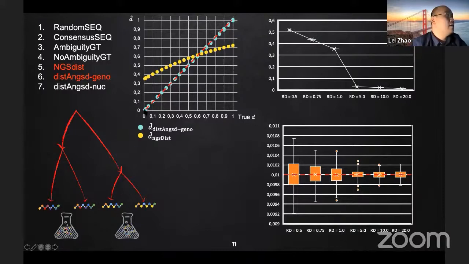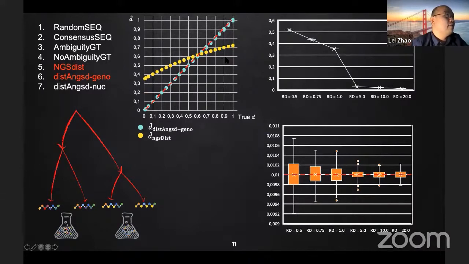One is using our base dense genome model, and the other is using the NGS-based model. And the yellow line here is the NGS-based inference result, and the one located around the diagonal line here is our result. So our result always gave a quite accurate estimation for the divergence time.